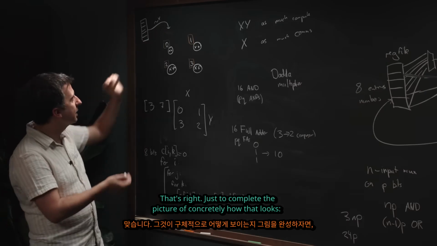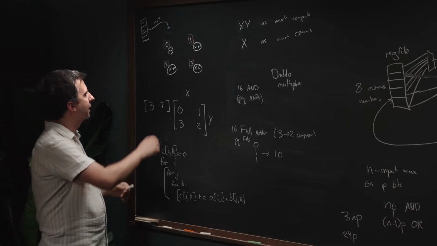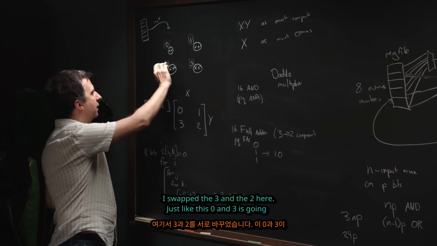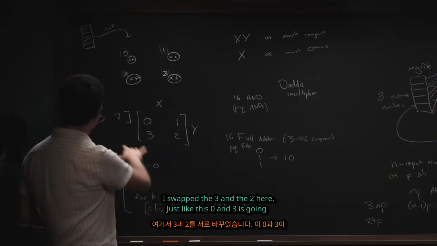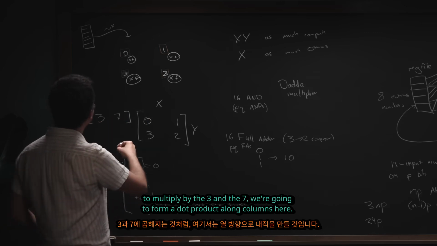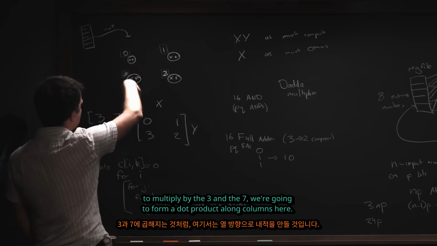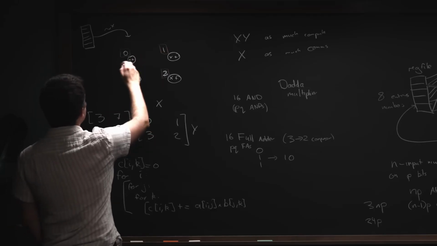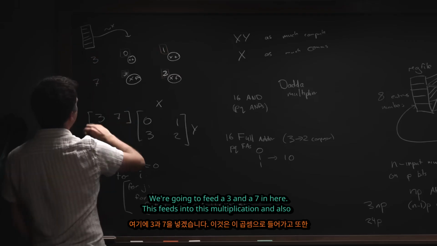So just to complete the picture here of concretely how that looks, I swapped the 3 and the 2 here, 3 and 2. So this 0 and 3 is going to multiply by the 3 and 7. And so we're going to form a dot product along columns here. So somehow we're going to feed a 3 and a 7 in here.